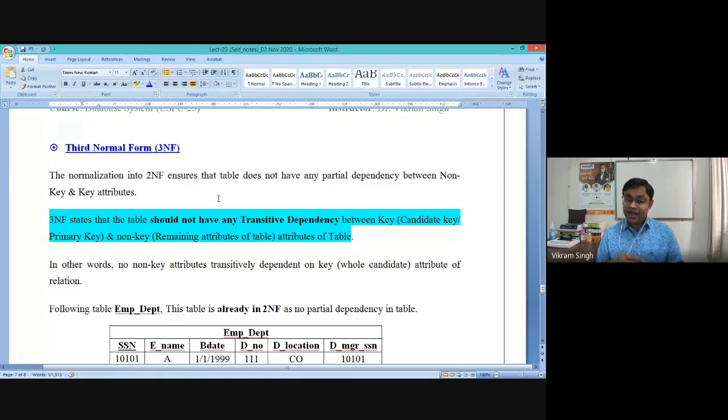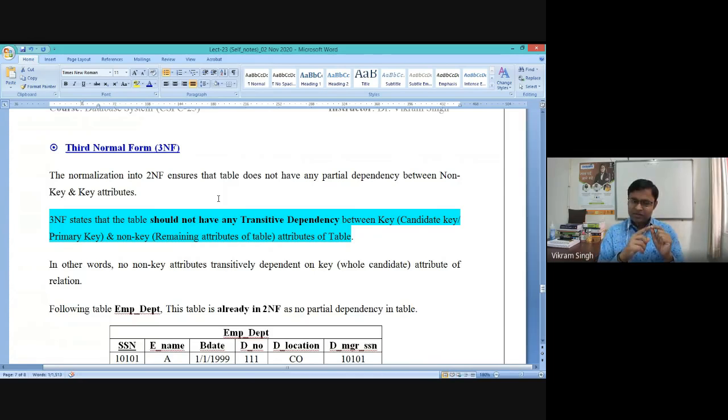Transitive dependency क्या है? So suppose कुछ FDs दी हुई हैं, उसमें ऐसा है कि A determines B, B determines C, right? And for these two FDs, suppose A is a candidate key. तो इसमें क्या हो रहा है कि A is a candidate key means A is a prime attribute and B and C are non-prime.